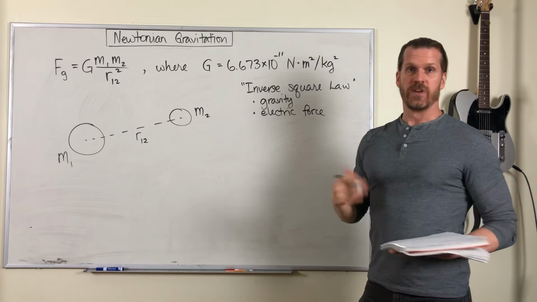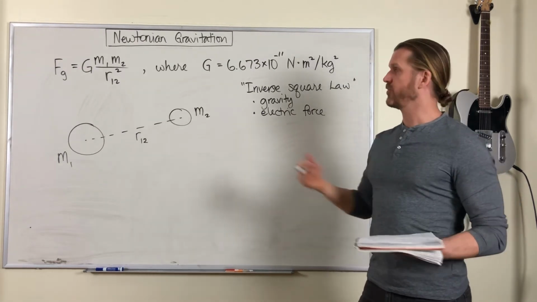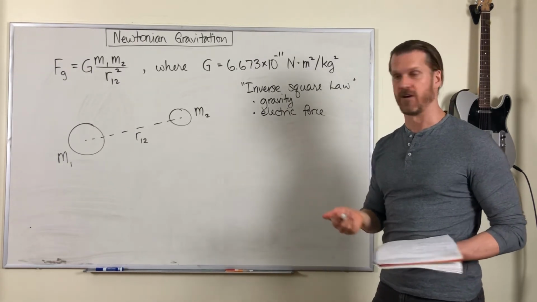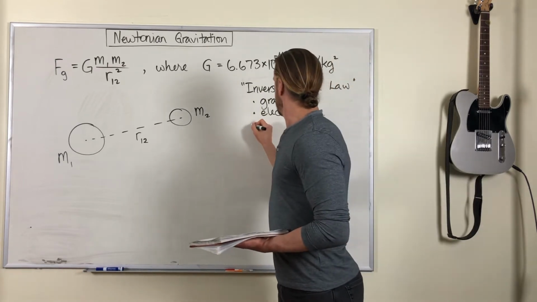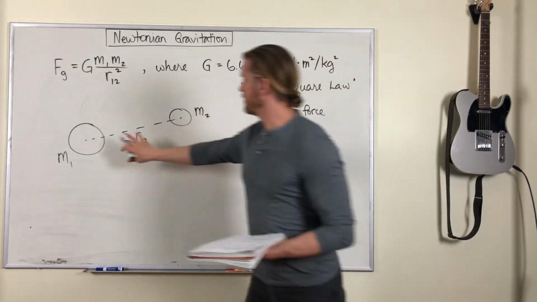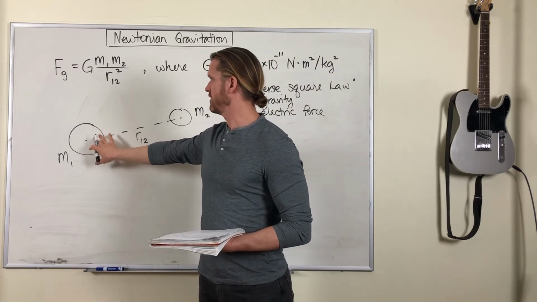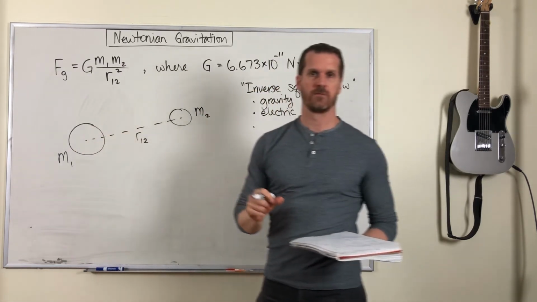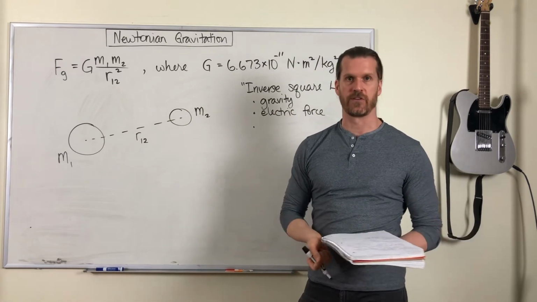And it turns out that whenever objects follow this inverse square law, you can treat each object as just being a point, essentially.